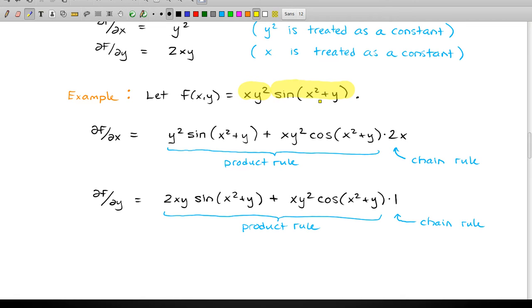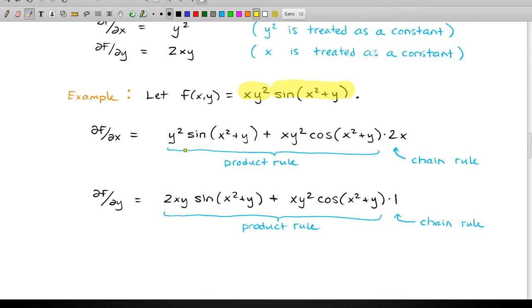And then this second term actually has a function of a function, so we're going to have to use chain rule there. But again, when we're taking the derivative with respect to x, we treat this as a function of x times a function of x, which means we have to do a product rule and then a chain rule when we're taking the derivative of the second part. And as long as we treat y like a constant, it's all going to work out.